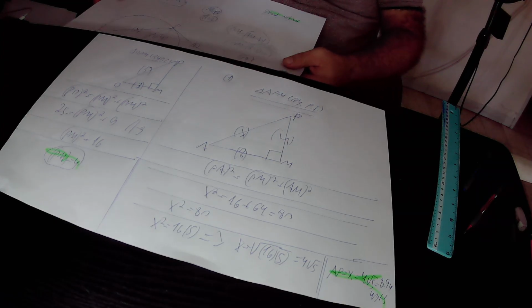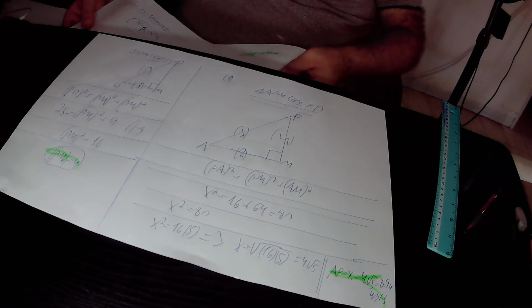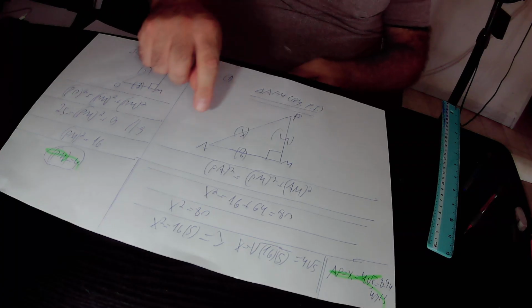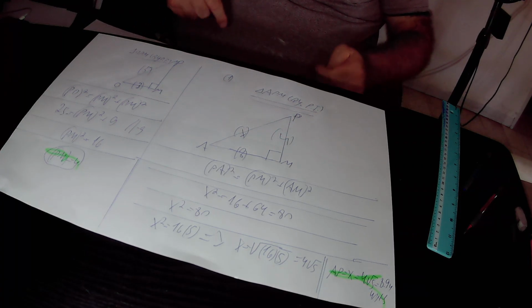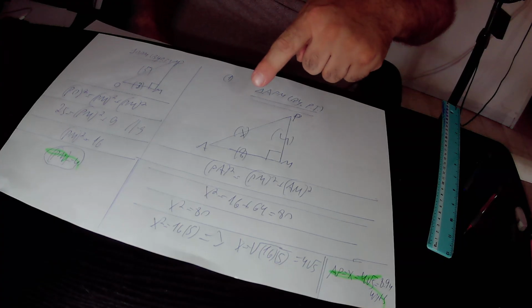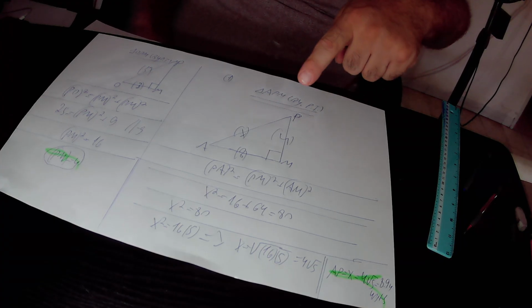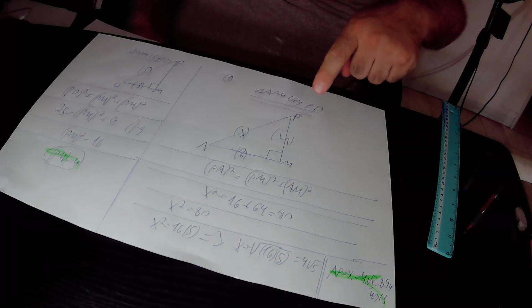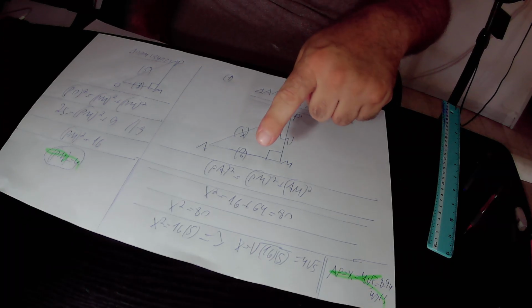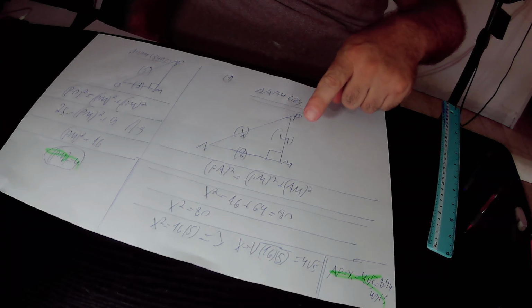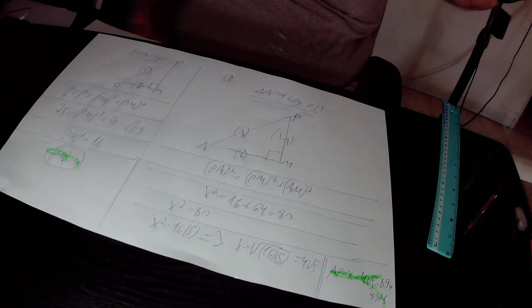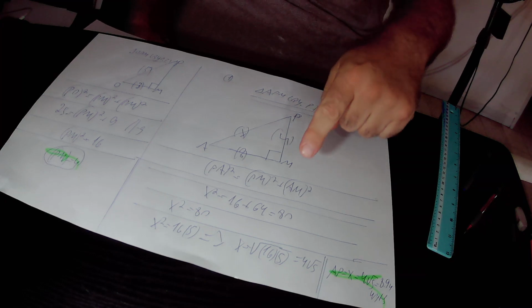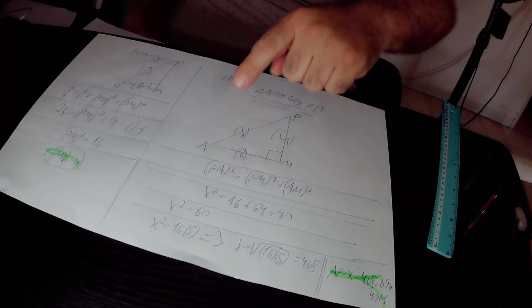So PA squared equals PM squared plus MA squared. PA is x, so PA squared is x squared, equal to 4 squared, that is 16, plus 8 squared, that is 64. So x squared equals 16 plus 64, that is 80.